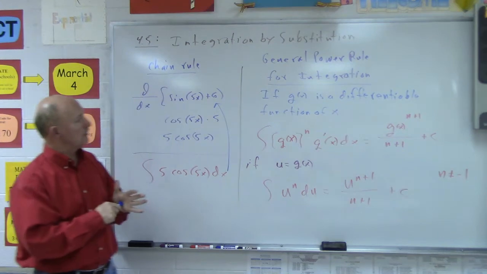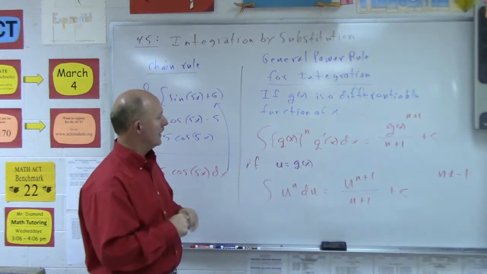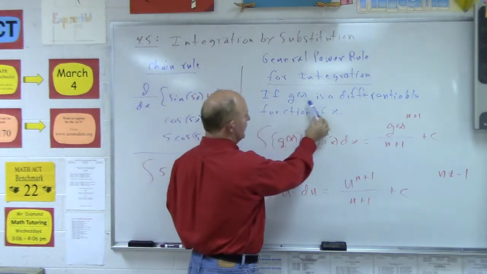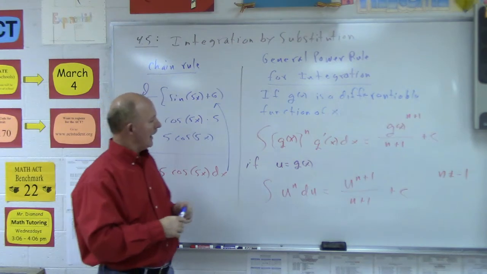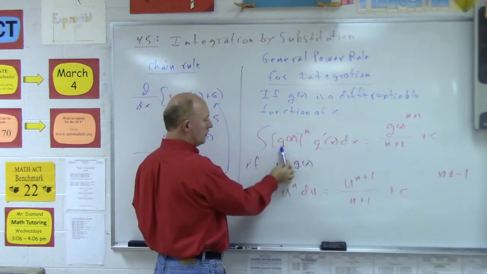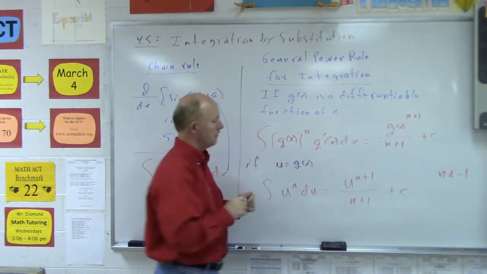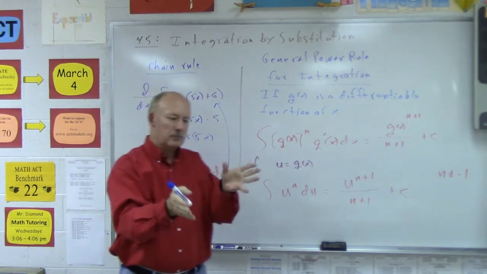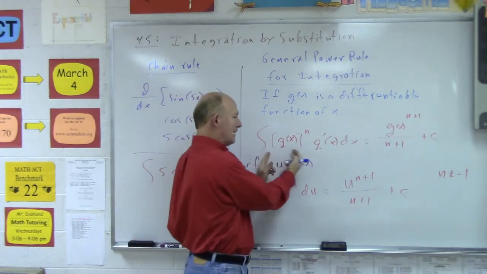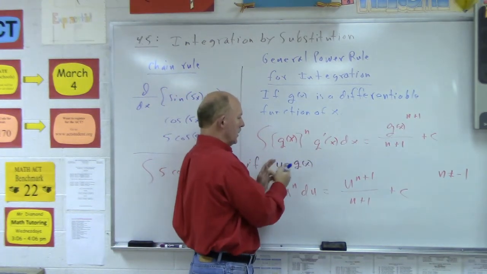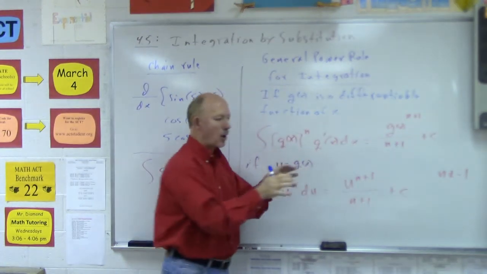Now, what we're going to be using is something called the general power rule for integration. It says that if g of x is a differentiable function of x, and you have g of x to the n power times the derivative of g of x. This technique works because within the same integrand you see a composite function along with the derivative of part of that function.